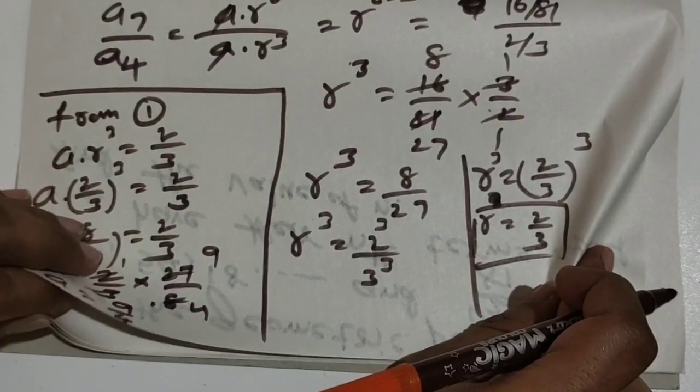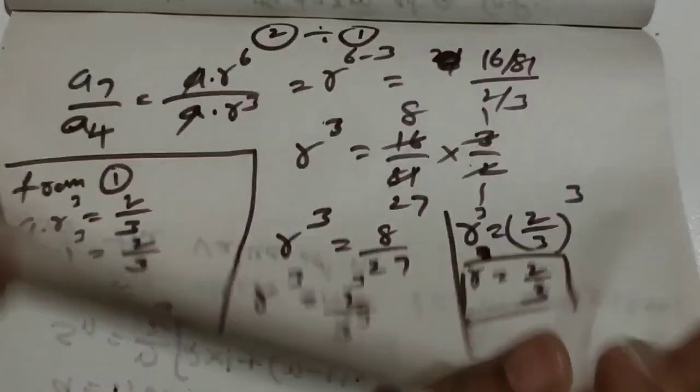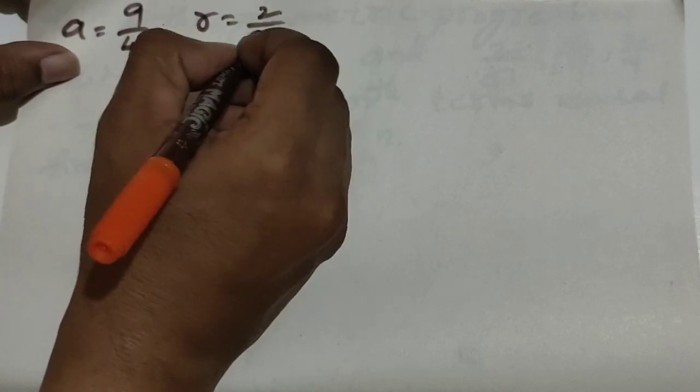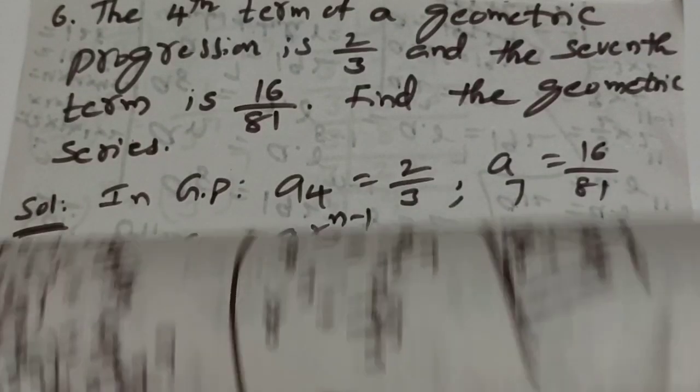Okay. So what is the series here? We can write here the series: a value we have here is 9 by 4 and r value is 2 by 3.